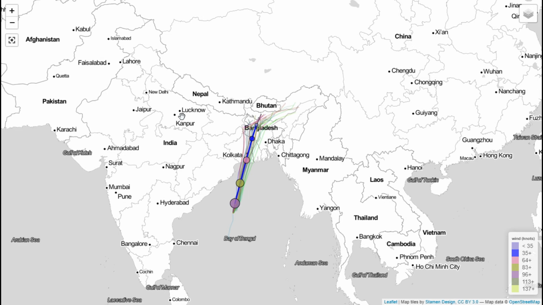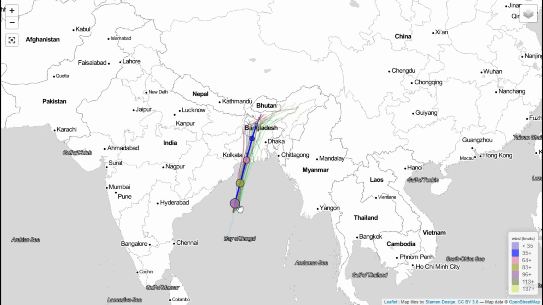So right now, as you can see, there are 1, 2, 3, 4, 5 points. And what are these points? Remember, these particular points are showing the movement of the super cyclone.